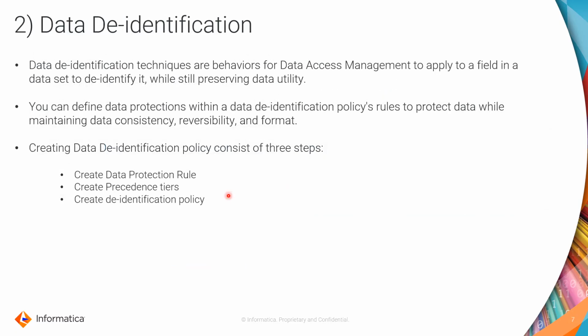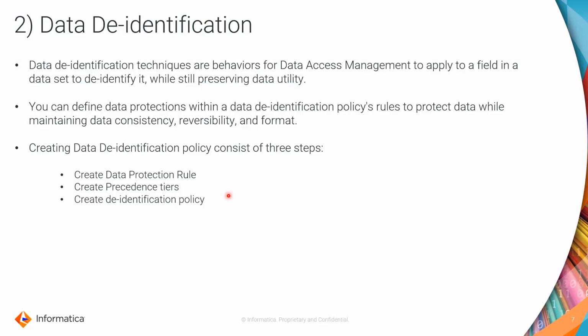Next would be to create the data de-identification policy. Data de-identification techniques are behaviors for data access management to apply to a field in a data set to de-identify it while still preserving the data utility. Let me give you an example. Let's say there is PII information in one of your columns, which in today's session is the email ID. With this data de-identification utility, we'll be masking the email ID.